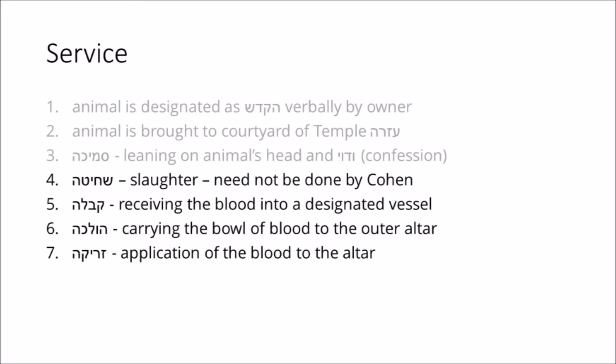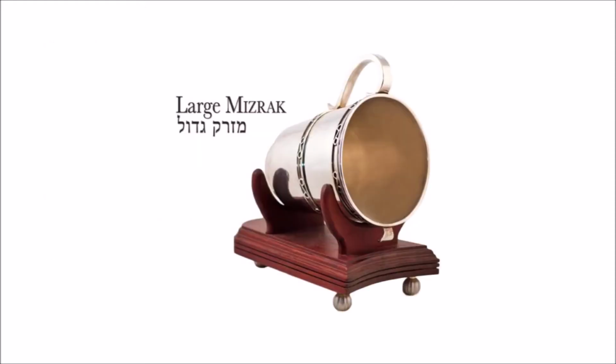Once the animal has been shechted, blood will squirt out from the animal's neck, and that is collected in a specially designated gold round-bottomed bowl. The process of receiving that blood is called kabbalah, which literally means receiving. It has a round bottom so that it's not put down. The reason being is that the Kohen receiving the blood swirls it in their palm to stop it from coagulating, from clotting.